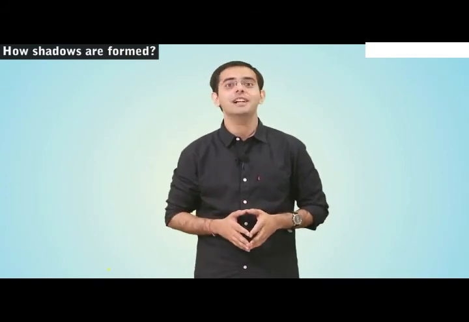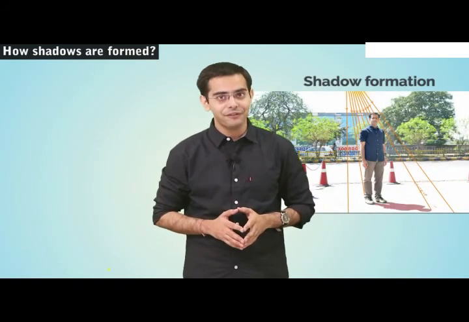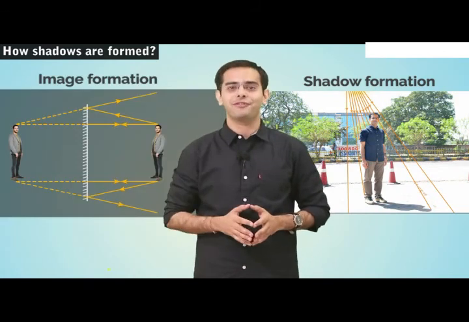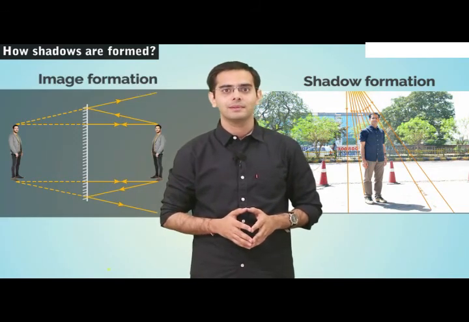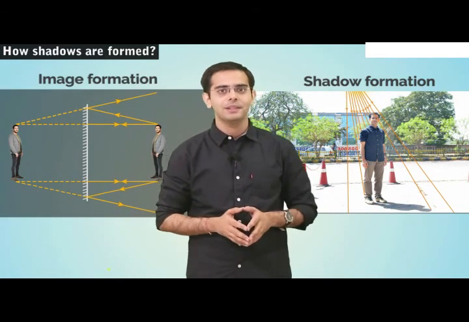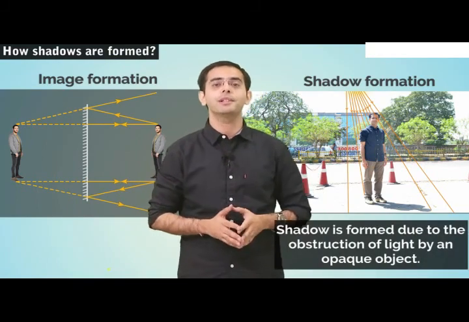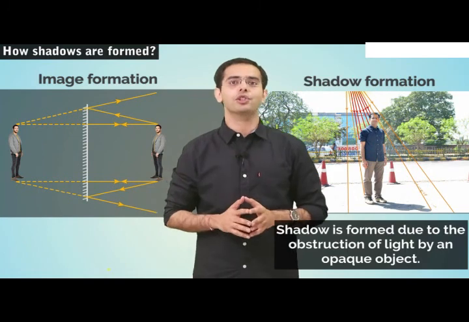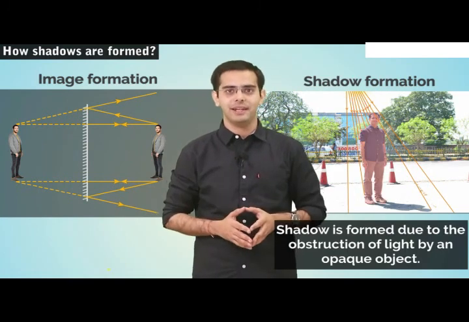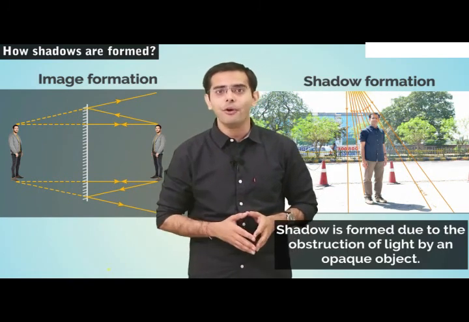Now students, can you differentiate these two concepts, as to how the process of shadow formation is different from the process of image formation? So let's go step by step. The first difference is that a shadow is formed due to the obstruction of light by the opaque object. And how is an image formed?